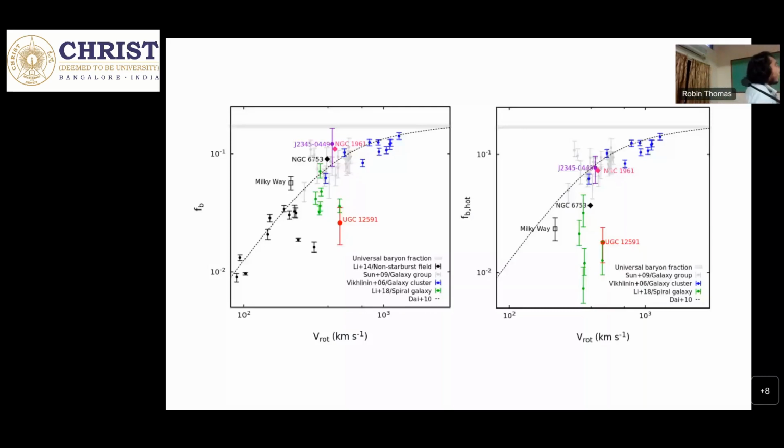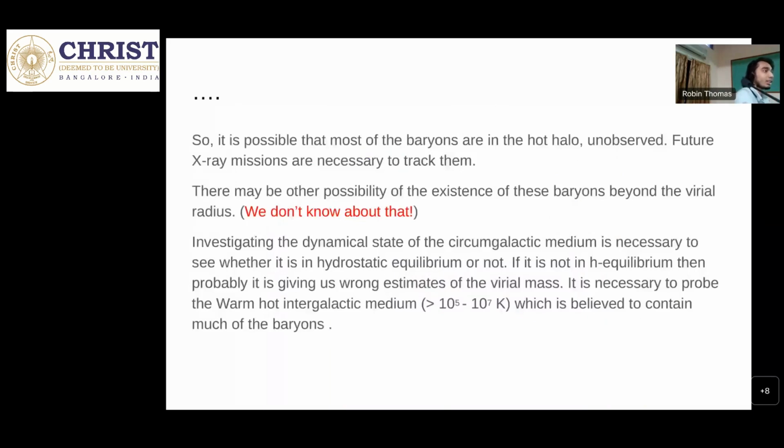So our guess is that most of the baryons are in a hot halo, unobserved. Probably a future, more sophisticated, sensitive X-ray mission is necessary to observe that. And there may be another possibility. I think someone wrote a paper on finding the baryons in the intergalactic medium.